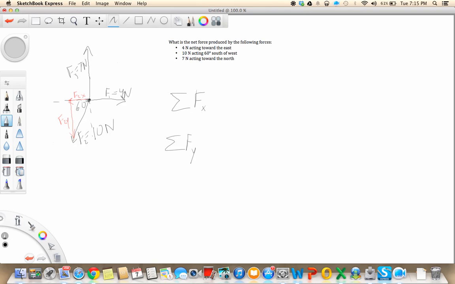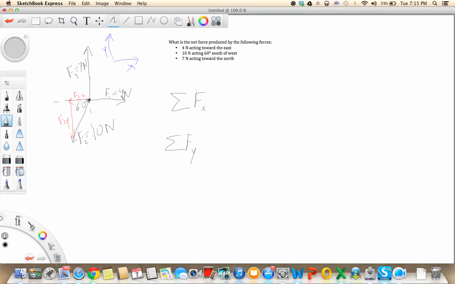Now, of course, you get to pick what is x and what is y. I personally am going to say, let's call this x, and that'll be the positive x. And let's call this y. All right, I don't want to hear about it in class when this looks so sloppy.